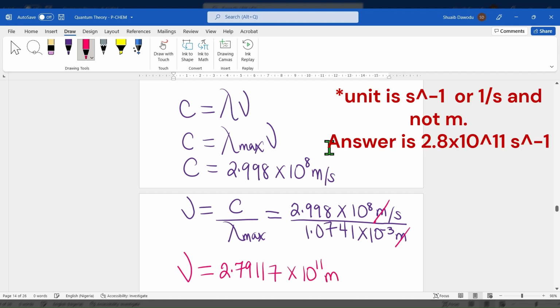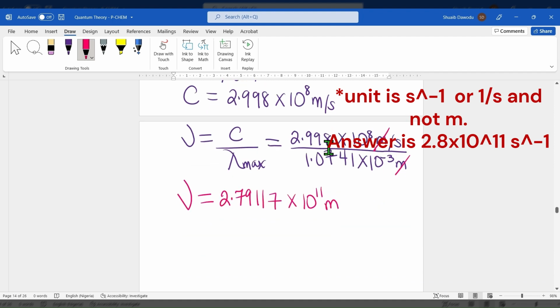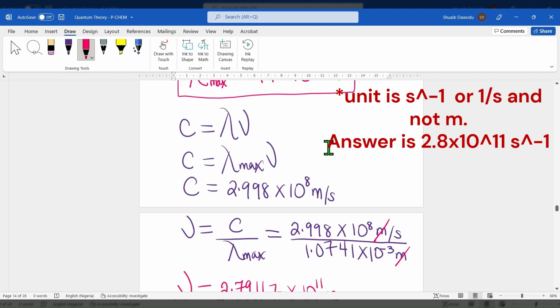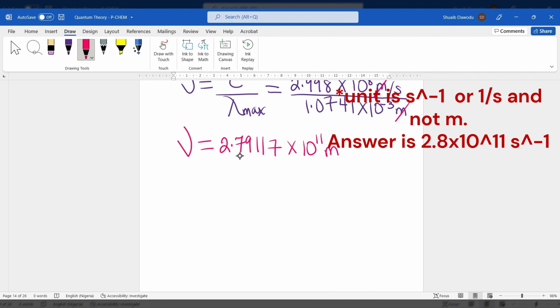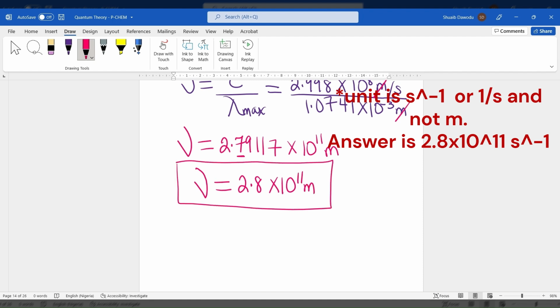That is basically the answer, but then again, we're chemists. We have to put our work in the proper number of significant figures, and the number of significant figures in this question is two. So we round to two sig figs, and the frequency at maximum will be 2.8 times 10 raised to the power of 11. This is the answer to this question.